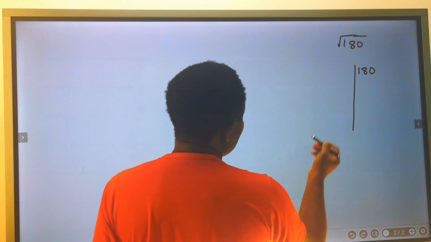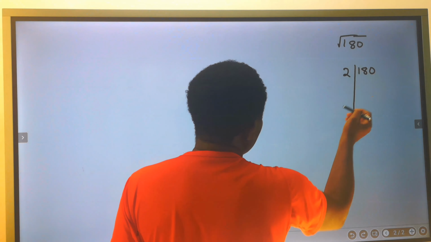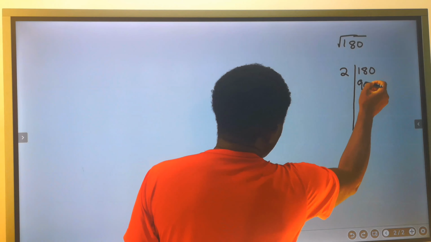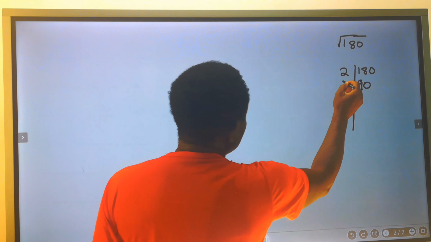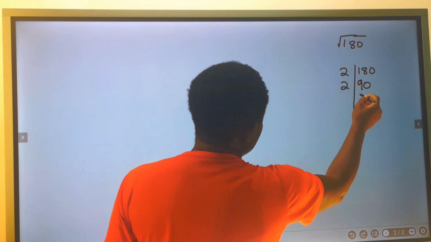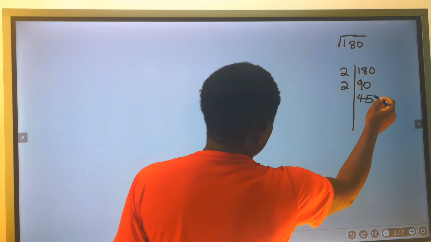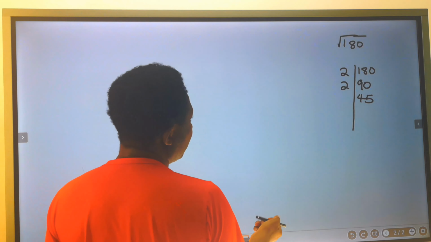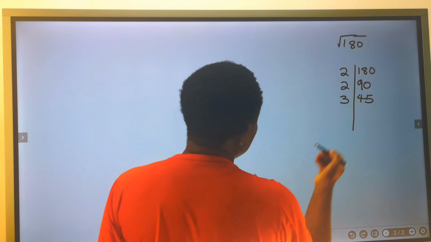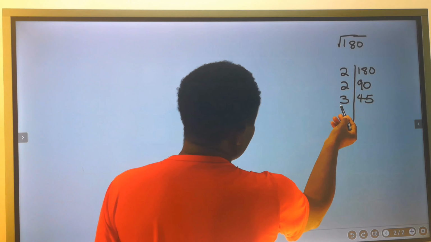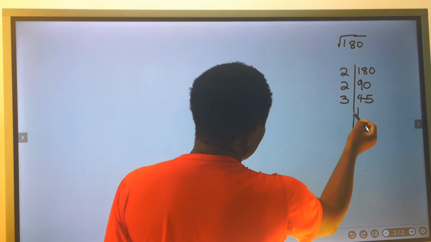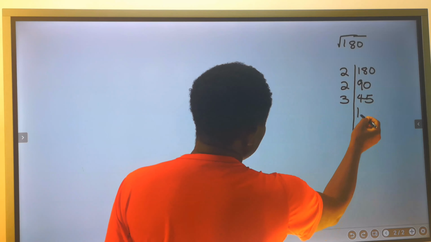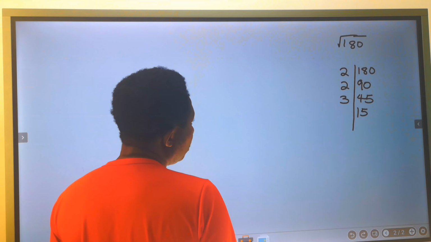We're going to start with 2. 2 into 18 will give you 9. Here we have a 0. 2 can still go into 90 and we're going to have 45. 2 cannot go into 45 without a remainder, but 3 can go into 45. 3 into 4 will give you 1, remainder 1. 3 into 15 will give you 5.